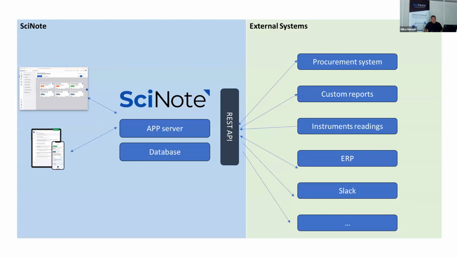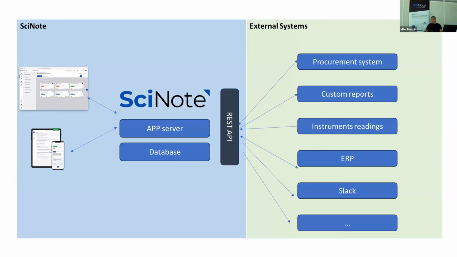I just wanted to show a more graphical presentation of how this looks, at a high level. On the left-hand side there is SciNote. It has a user interface and a mobile interface, but through the RESTful API you can connect to any other system, like a procurement system or a full-blown LIMS. You can create, for example, custom reports.